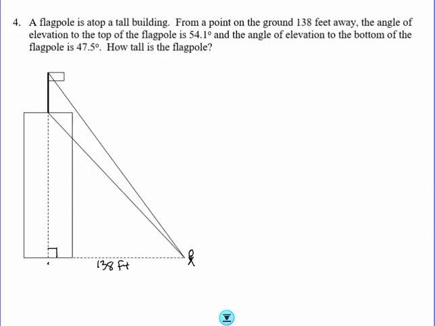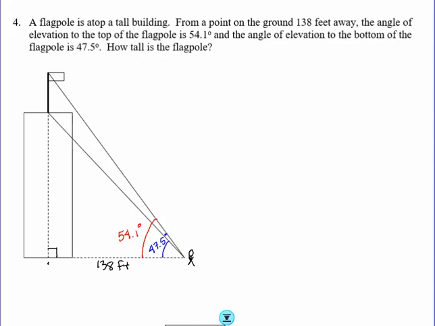Then I'm given two pieces of information. I know that this angle is 54.1 degrees, and I know that this angle is 47.5 degrees. So essentially I have two triangles here.